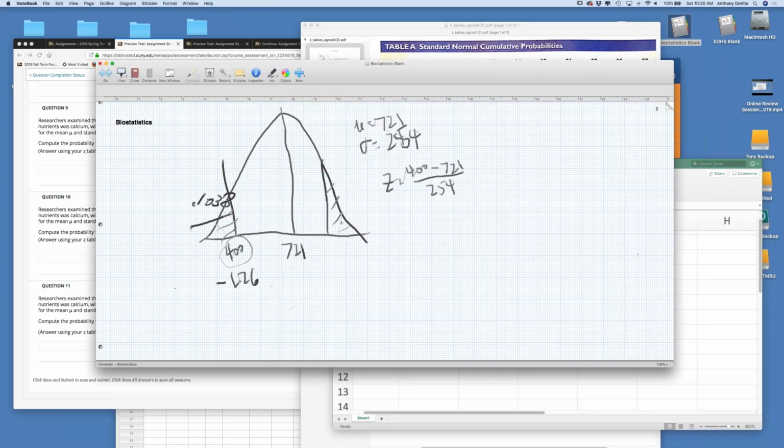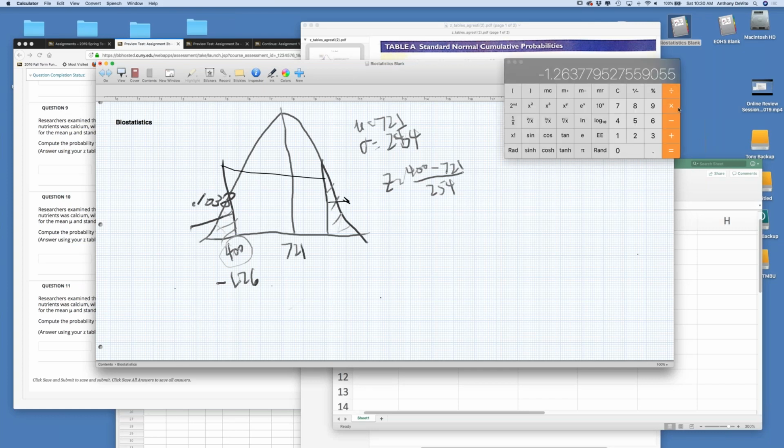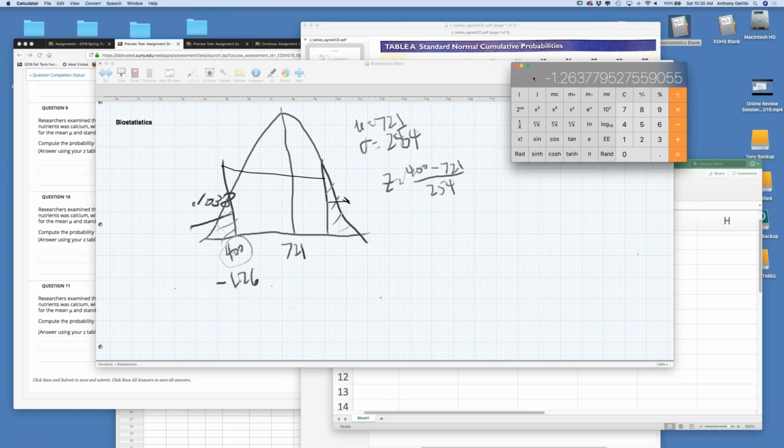So now what about this area up here? Well, we don't have a z-table or function in Excel that gives us the area from this point up. We do have one that gives you the area from here down. Let's see what that would be. Let's do our calculation for what the z-score here would be. Again, I could use NORM.DIST to do that, but I'm going to go ahead and calculate it.